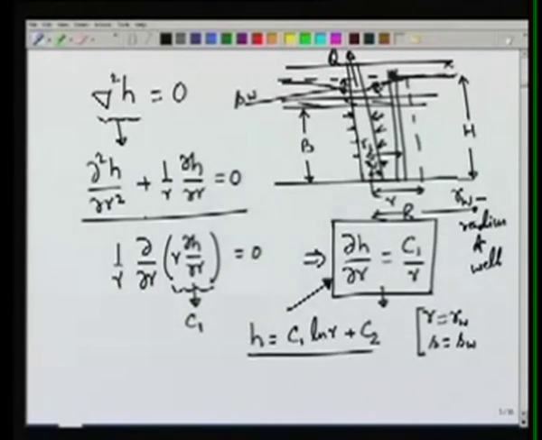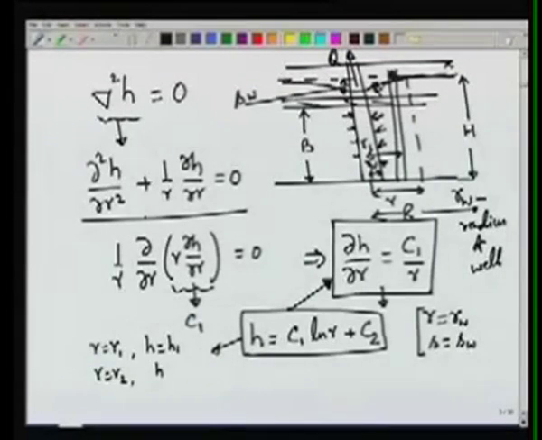As you can see, there are two constants here, C1 and C2, which need to be evaluated, which means that we need to have boundary conditions at two different distances, for example R1 and R2. So if we assume that at R equal to R1, H is H1, and at R2, H is H2. Now these R1 and R2 may be any two radii.